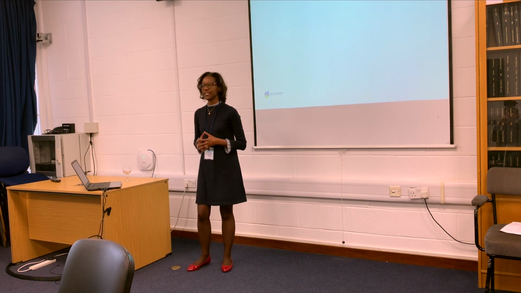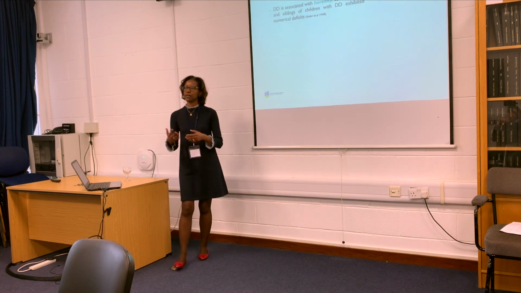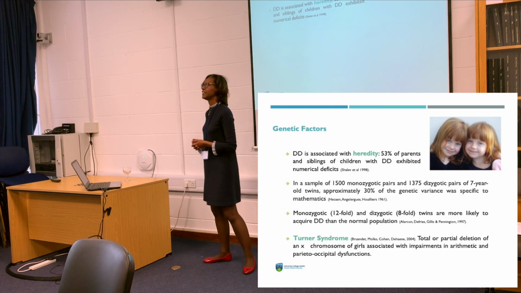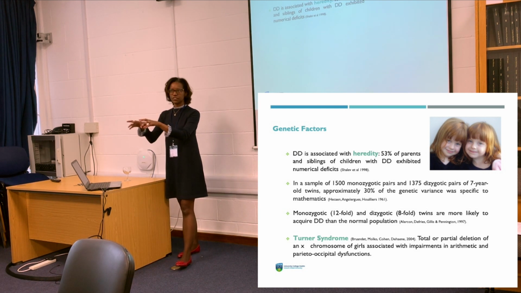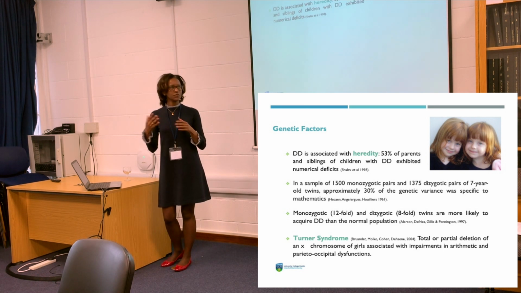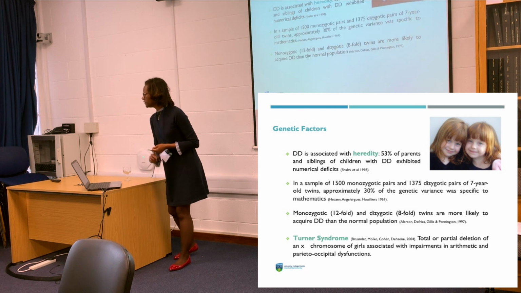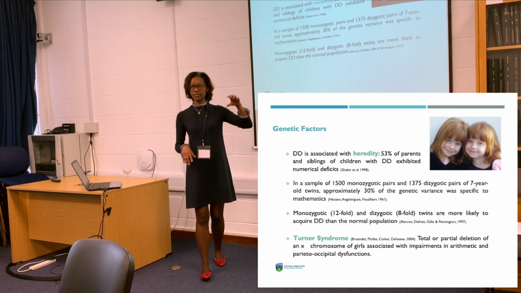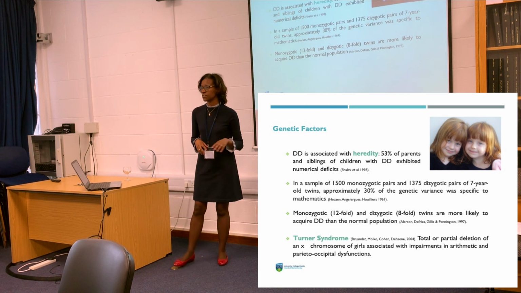Genetic factors. The first we can mention is inheritance. If you ask parents about their past, how they managed maths, they usually say they also had difficulties. And also brothers and sisters of the child with developmental dyscalculia usually have difficulties with numbers. When we're looking at twins, if one twin has developmental dyscalculia, the other twin probably will have difficulties in maths as well.